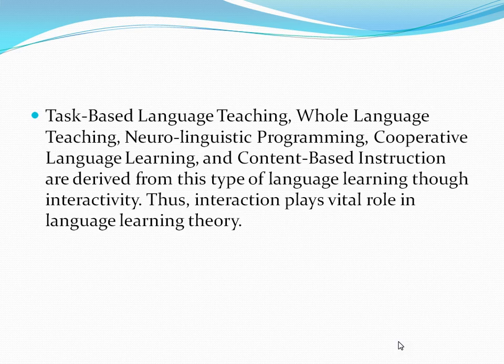And with this linguistics theory, the interactivity, what are the methods? These are the methods: task-based language teaching, whole language, neuro-linguistics. These methods are derived from the theory. Which theory? That is the linguistics theory. Okay, that is the interactional view.